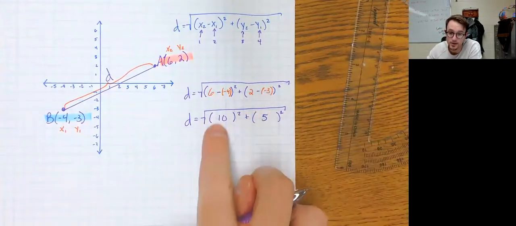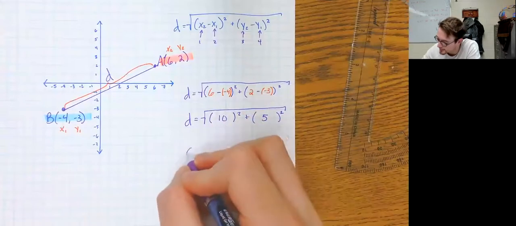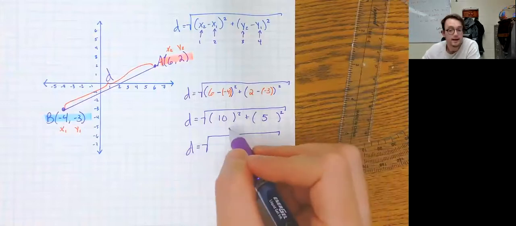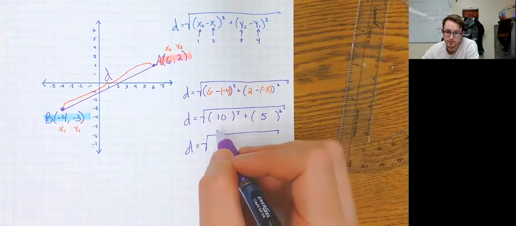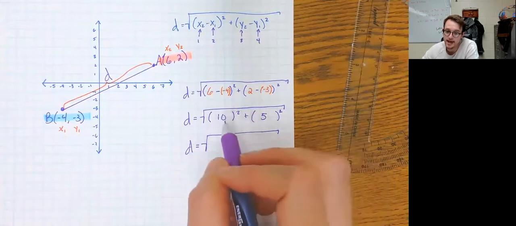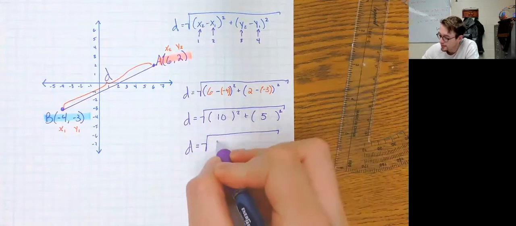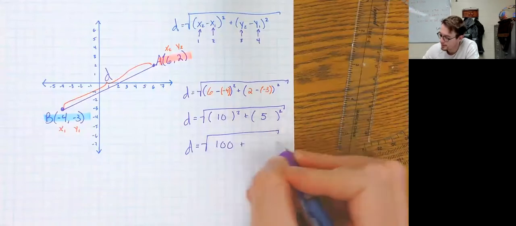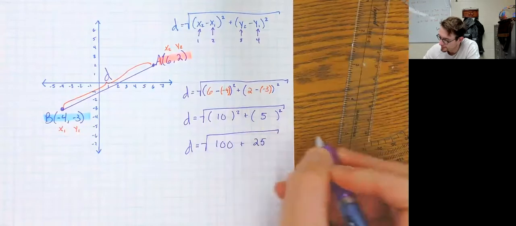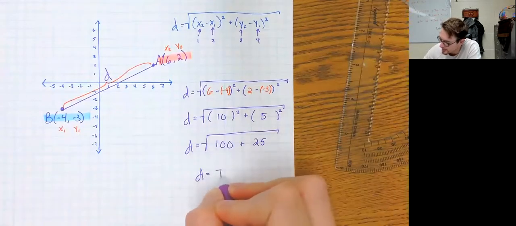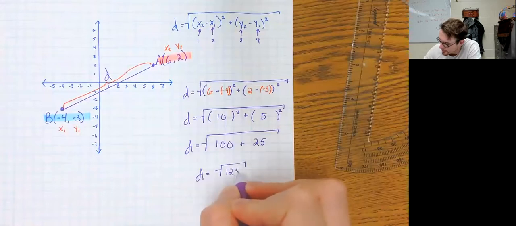All right, I did one simplification. Now let's do the next one. D equals the square root. What is 10 squared? Squaring, by the way, is multiplying it times itself. So what's 10 times 10? 100. What's 5 times 5? 5 times 5 is 25. So I get d equals the square root of 125.